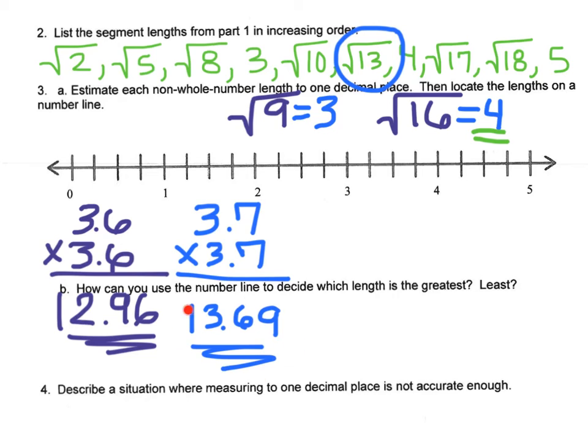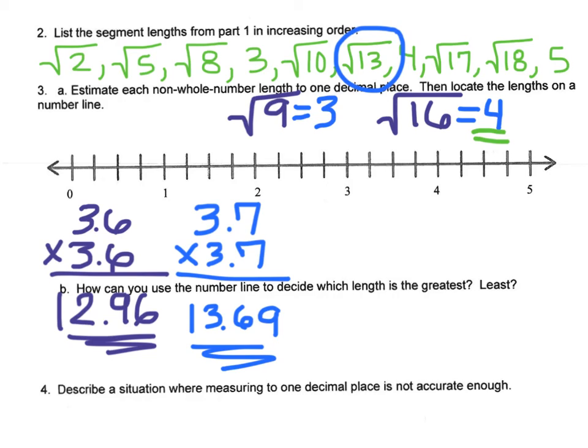Now 13.69 is 0.69 higher than 13. 12.96 is only 0.04 lower than 13. So that tells me that 3.6 is the better estimate for the square root of 13 than 3.7.